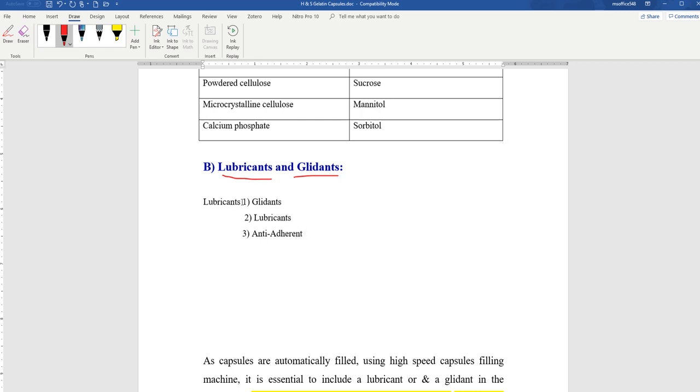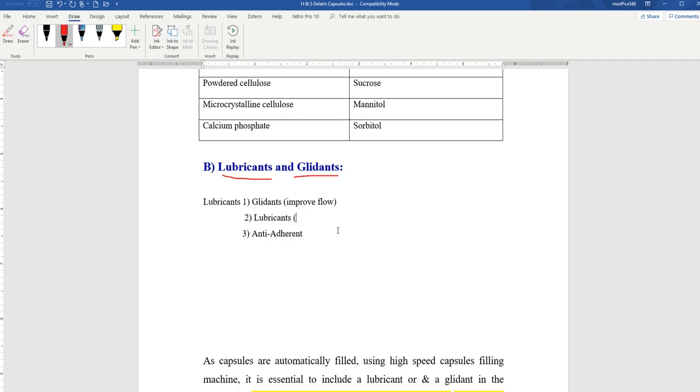So lubricants are classified into glidants, lubricants, and anti-adherents. We will talk about them in more detail later, but glidants are meant to improve flow of the formulation. They are all flow activators too.